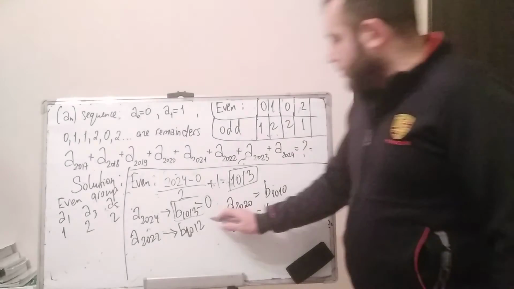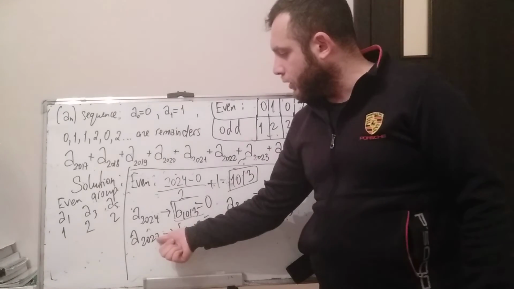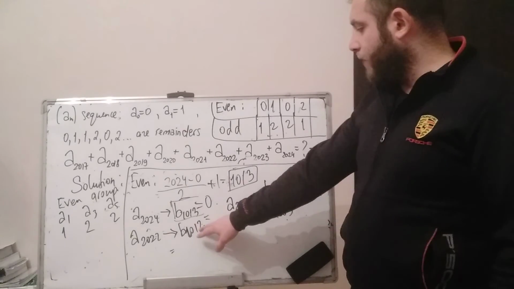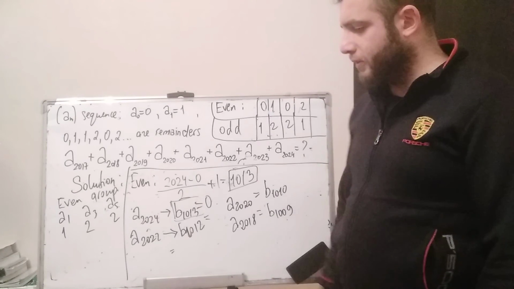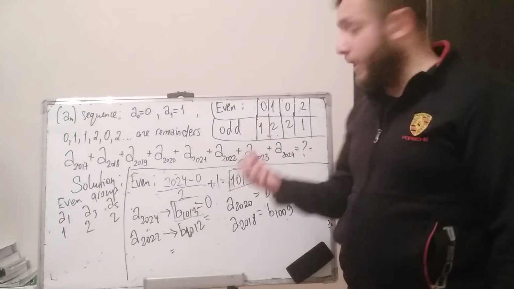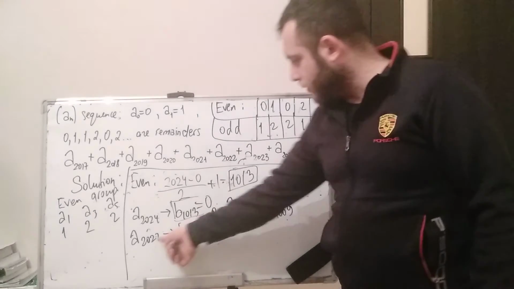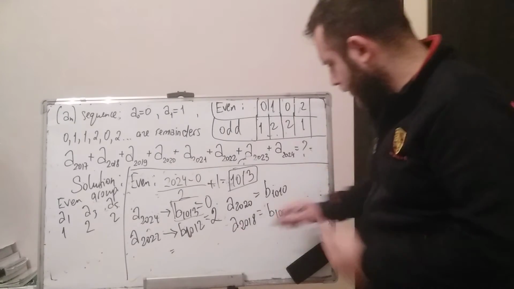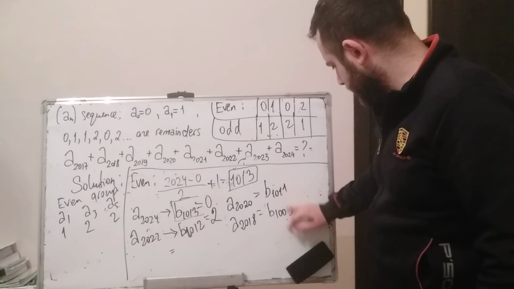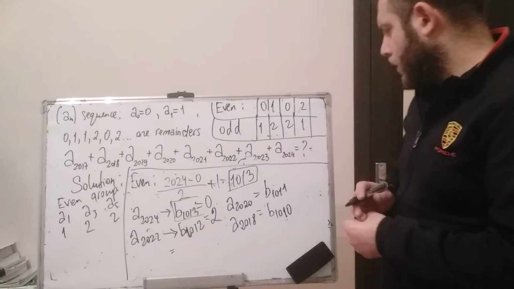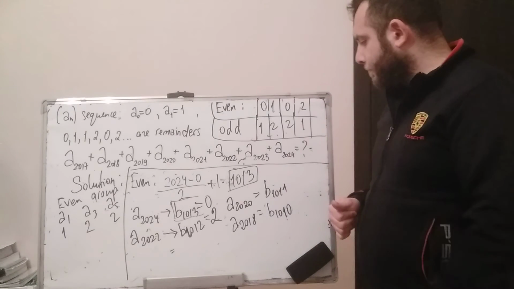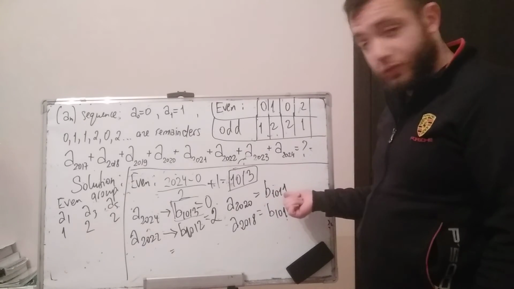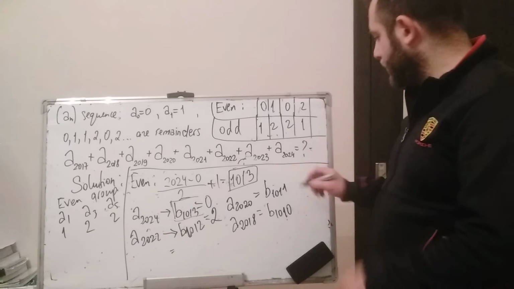That's great. So A 2022 is B 1012. When we divide 12 by 4, it's a perfect division, so we take the fourth, which is 2. So this term is 2. A 2020 is B 1010. Sorry, no, it is B 1011. When we divide by 4, the remainder is 3. 3 means we take the third, it is 0.